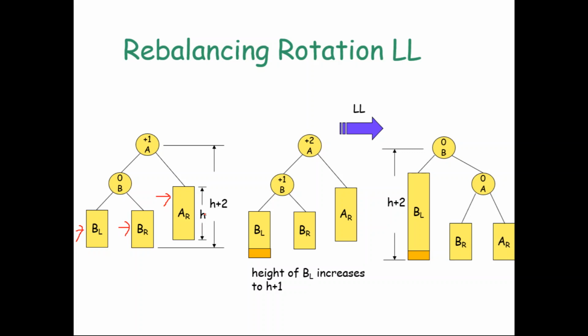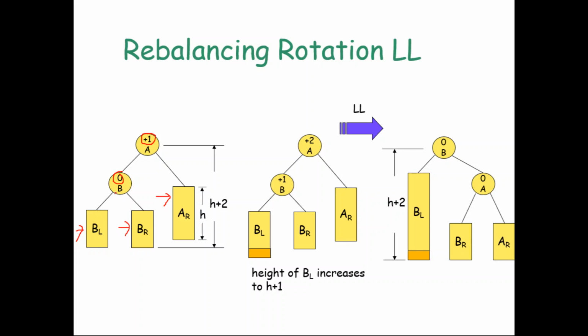So the tree is a balanced one. Of course the height of B is slightly lesser, but the balance factor of A is 1, and the balance factor for B is 0, because both its children are of equal height.